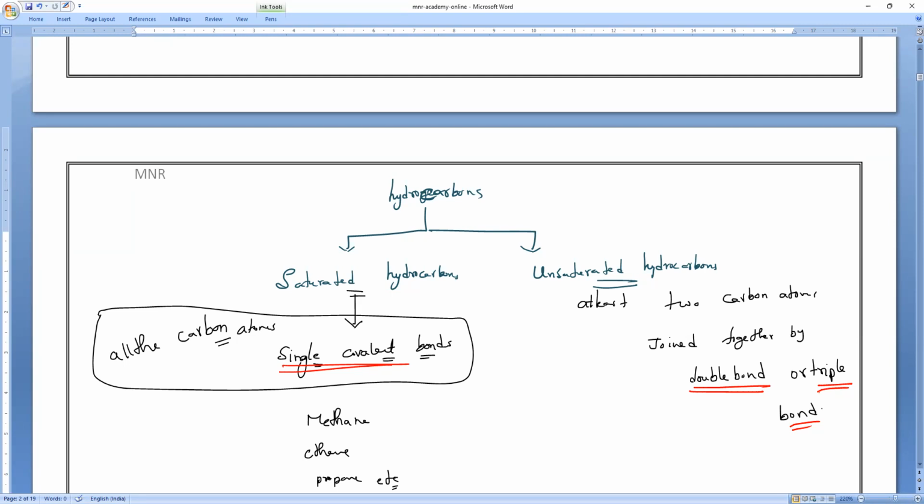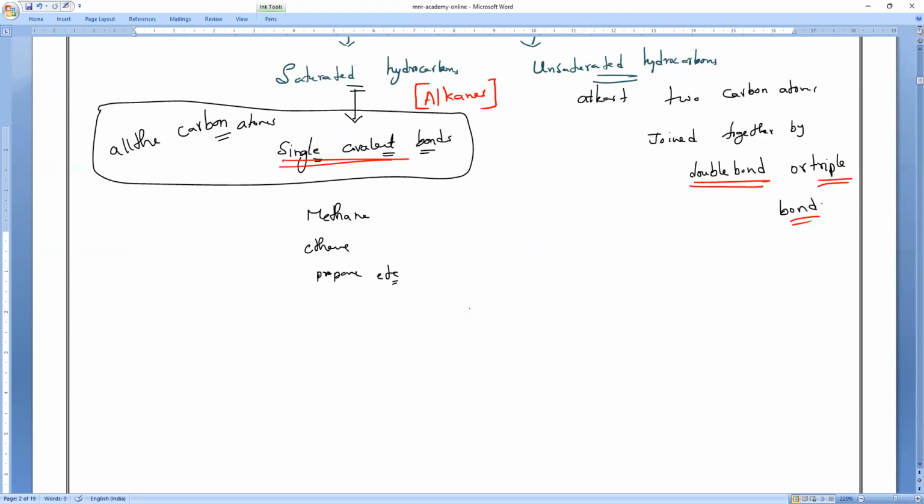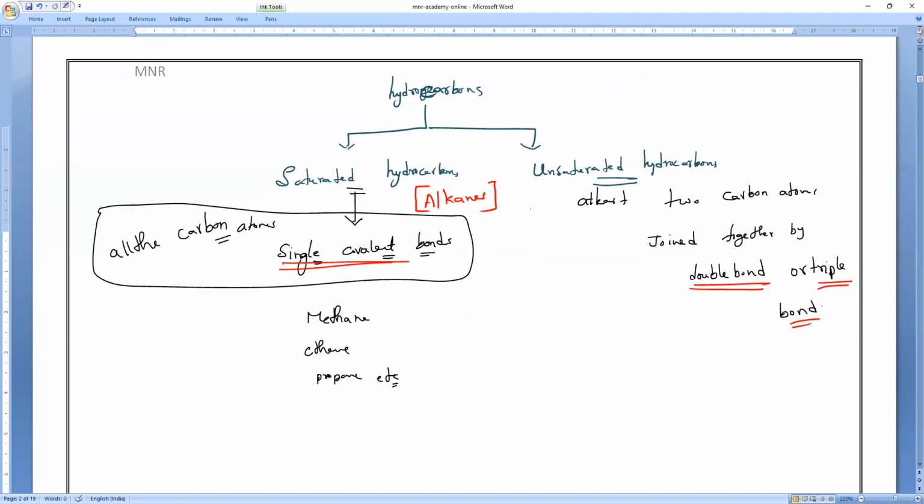Now, saturated hydrocarbons we call alkanes. Note it, everybody. Unsaturated hydrocarbons we call by two names. If it is a double bond, we call it alkenes.